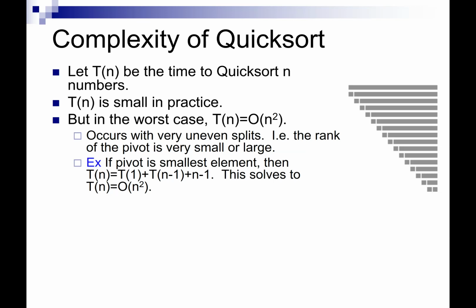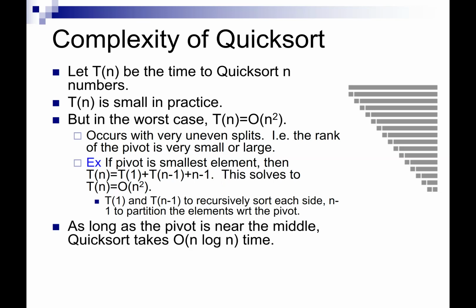So if you pick the pivot which is, let's say, the smallest element, then the time to quicksort n numbers is going to be the time to do one number, plus the time to do n minus 1 numbers, because all of the other n minus 1 numbers besides the pivot are going to go on the right side, plus you need to spend another n minus 1 time just to partition all of these elements. If you have a recurrence of this form and you solve it, you're going to get that t of n is order n squared.